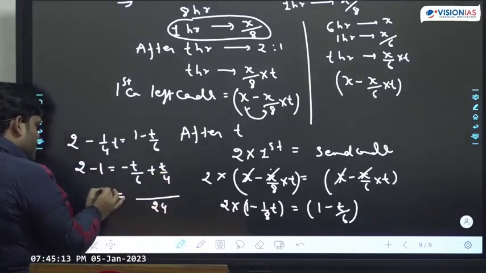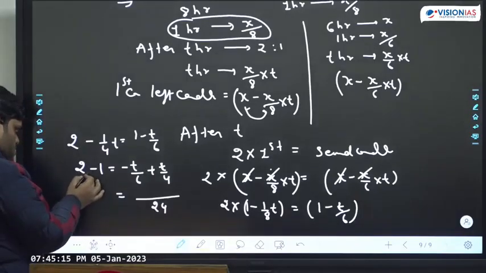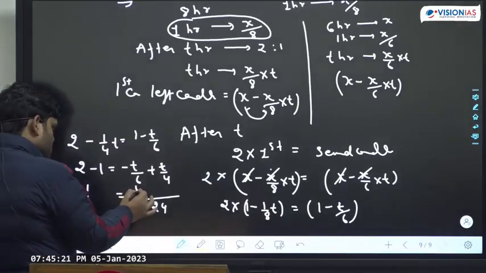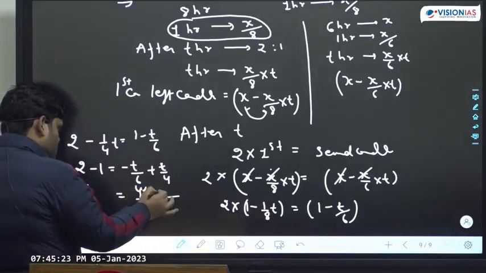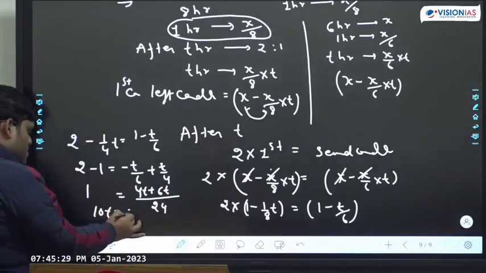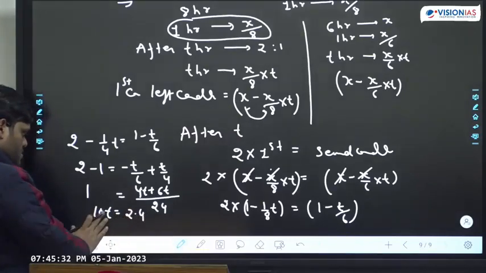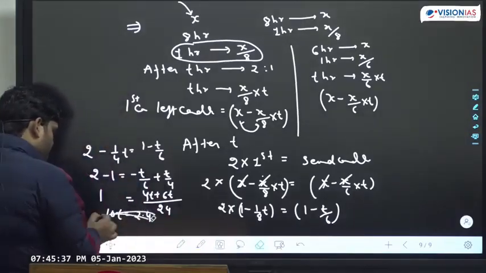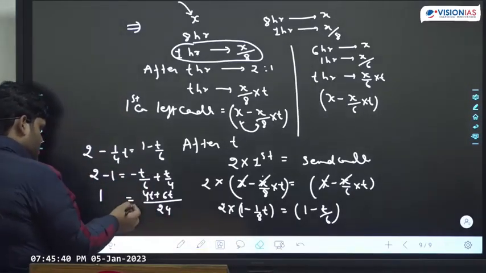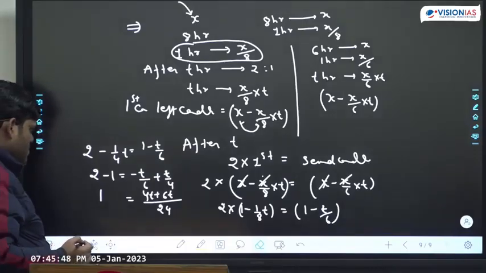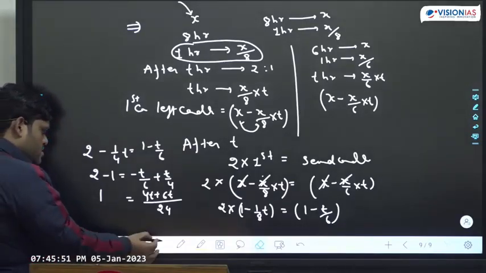So t equals 2.4. Something is wrong again somewhere.